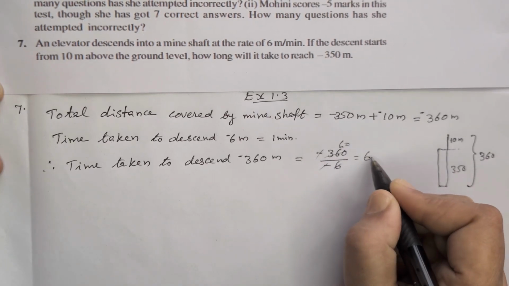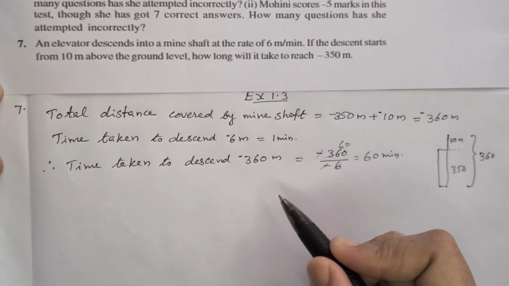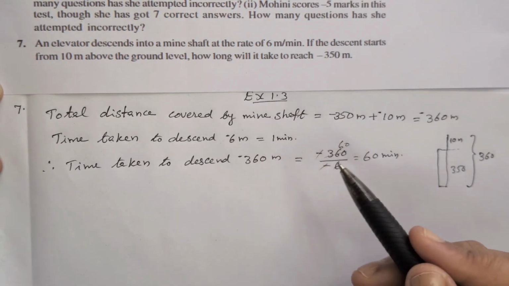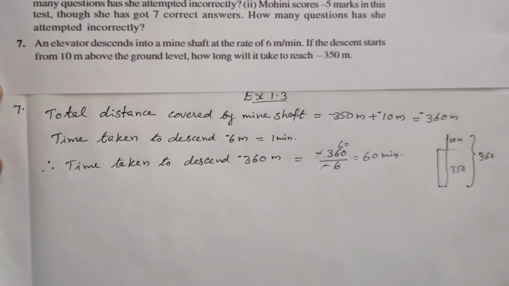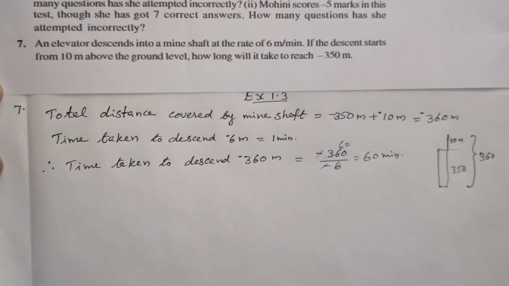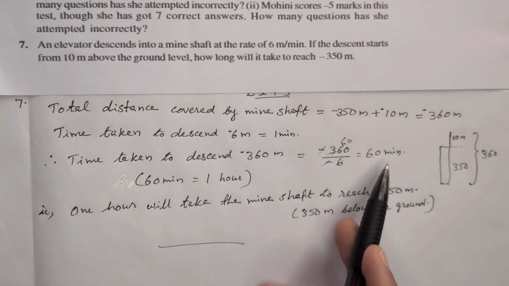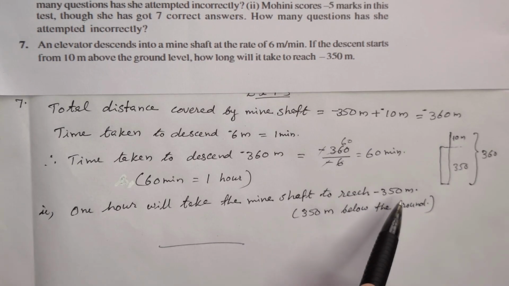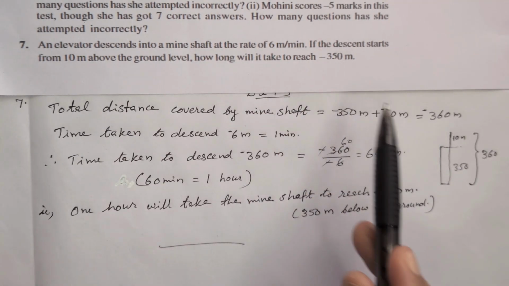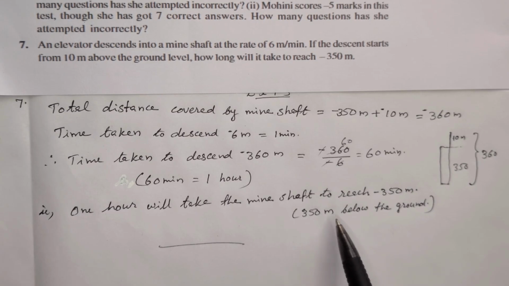The minus signs cancel, and when we divide we get 60 minutes. The total distance is 360, and in 1 minute 6 meters it's going down. The negative sign just represents that it's going down. Simplifying, we get 60 minutes, and 60 minutes means 1 hour. So we can write, 1 hour will be taken by the elevator to reach minus 350 meters.